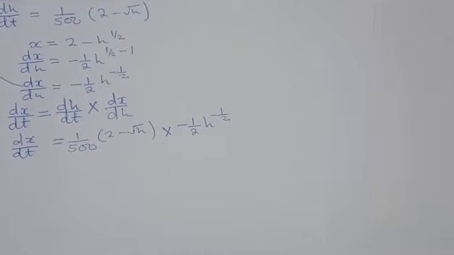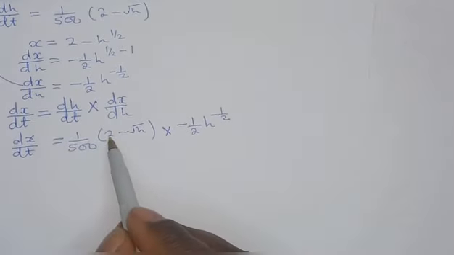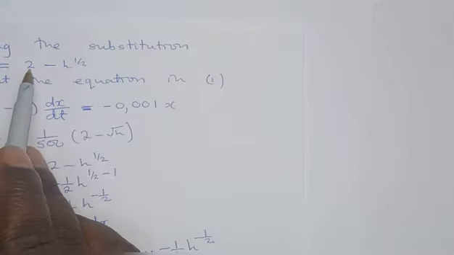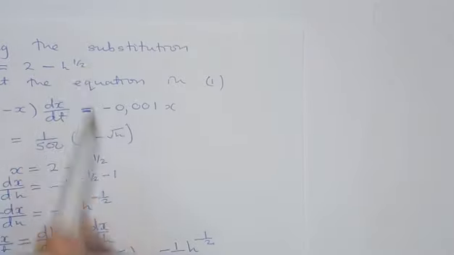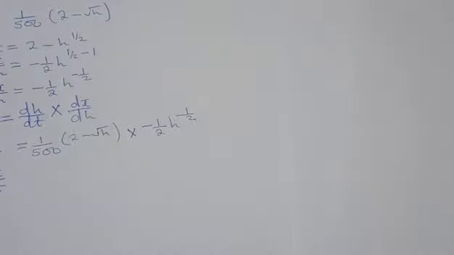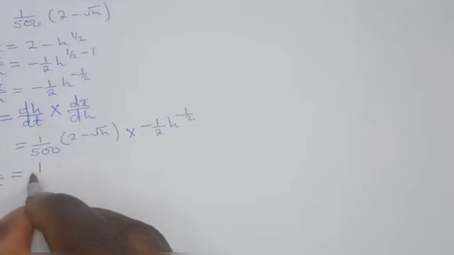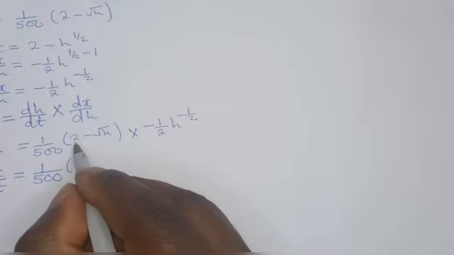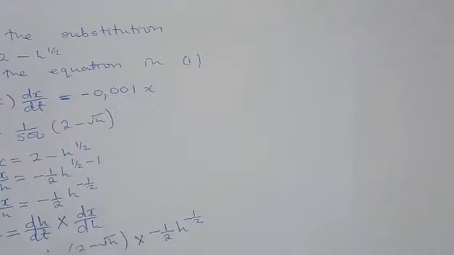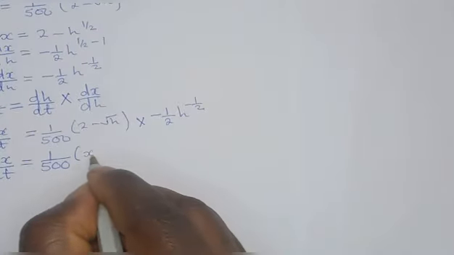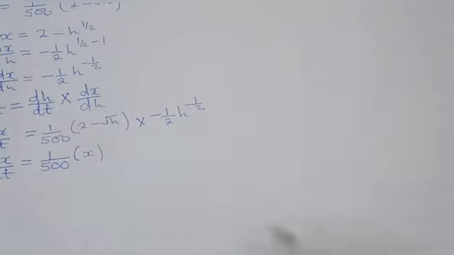Right, so to get to what we want, this 2 minus root h is the same as the substitution we were given, 2 minus h to the power of half. So dx over dt is equals to 1 over 500, open bracket, 2 minus root h, which is 2 minus h to the power of half.